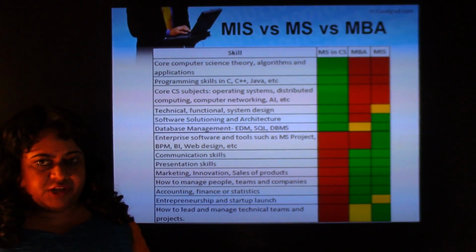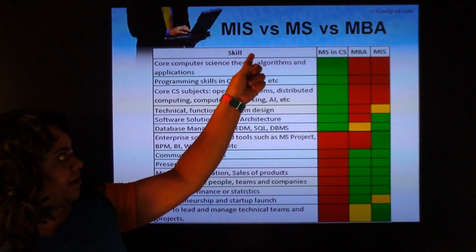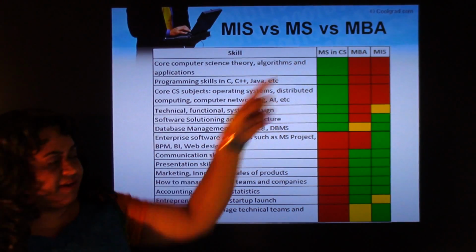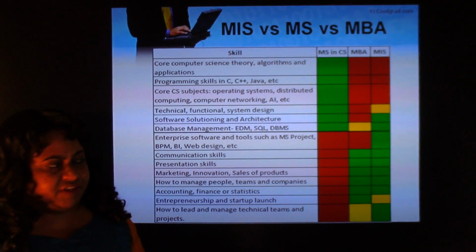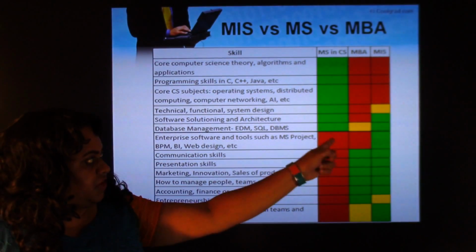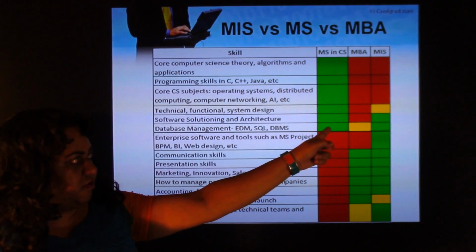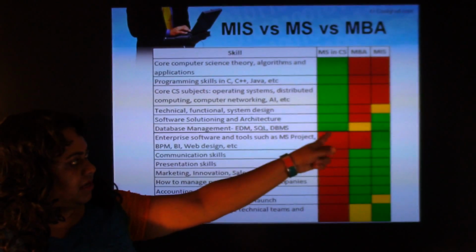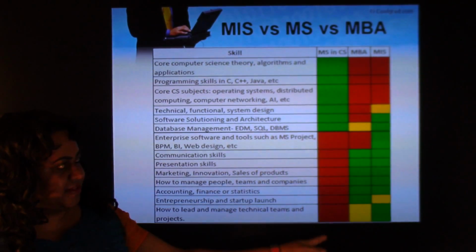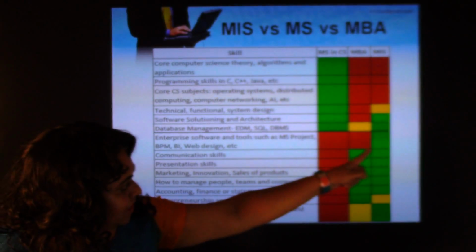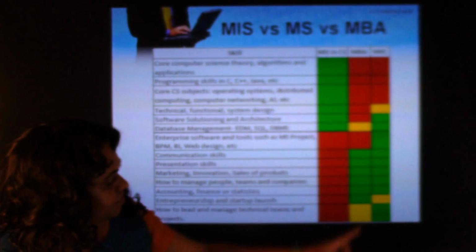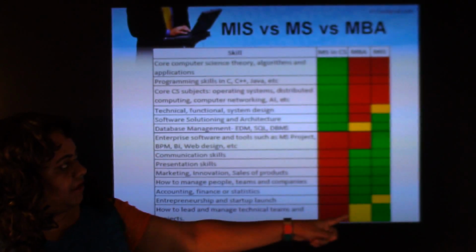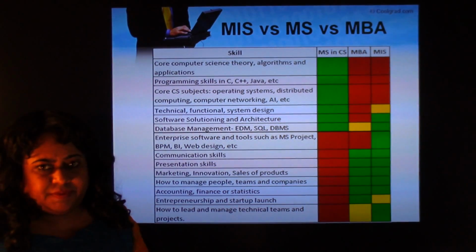I have a separate video about the comparison between MIS, MS in computer science and MBA, but I'm just going to talk about it briefly here. Green means that this program offers these, helps you with this, and red means it doesn't help you with this knowledge, and orange or yellow means you learn a little bit of it.